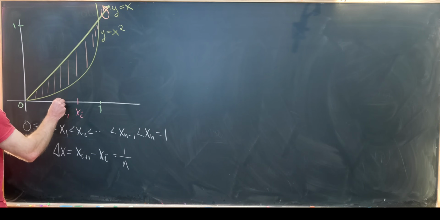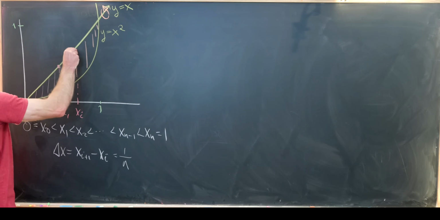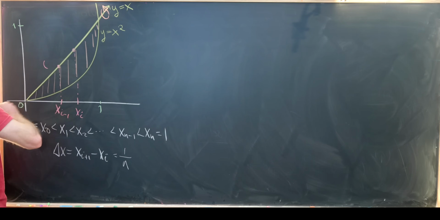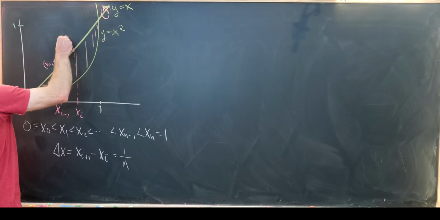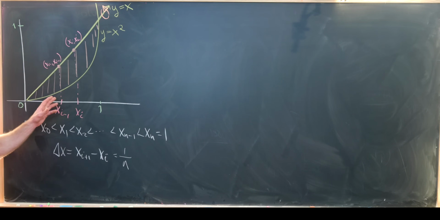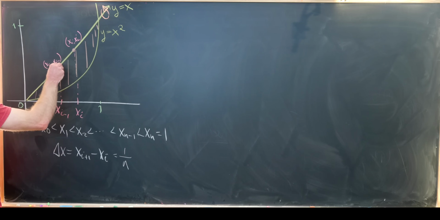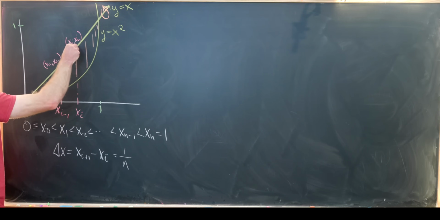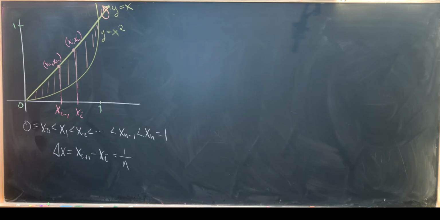Okay, so now bringing these 2 points up to our line, we see that those intersect our line at the coordinates (x_{i-1}, x_{i-1}) and then (x_i, x_i). But now in order to approximate this rotation about the line y equals x, we can't use this rectangle or this approximation that is being built out of just these vertical line segments.